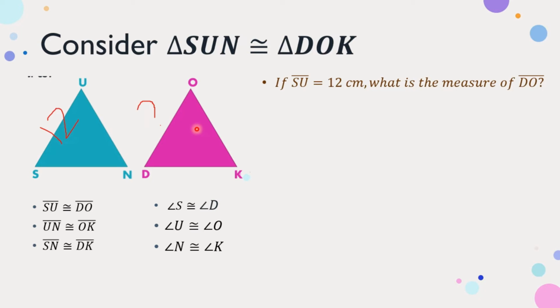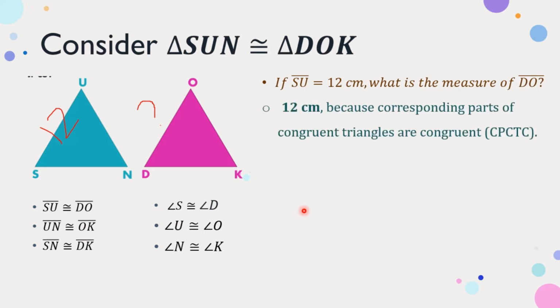Sa kanina ko pang sinasabi, what can we say about corresponding parts of congruent triangles? Okay, we can say that they are congruent. So, if the sides are congruent and SU is 12 centimeters, what can we say about DO? Okay, syempre, 12 din po kasi nga congruent, equal.